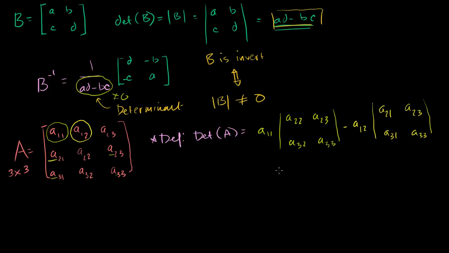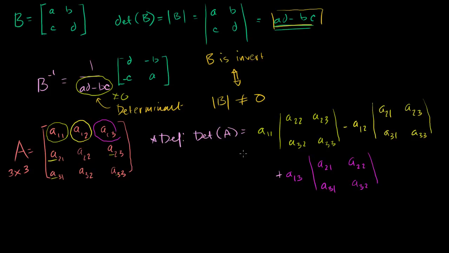Then you're going to have a plus, plus this guy, plus A13 times the determinant of its, I guess you could call it its submatrix. We'll call it that for now. So this matrix right here: A21, A22, A31, A32.